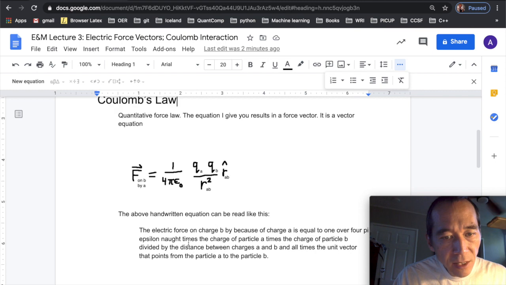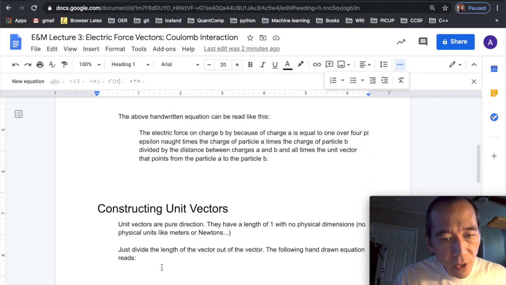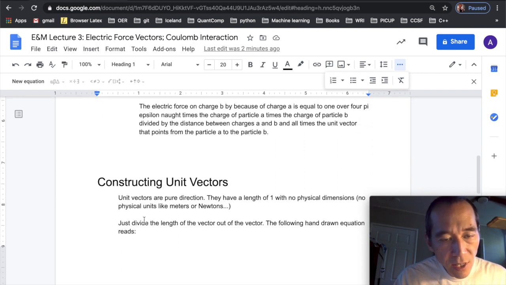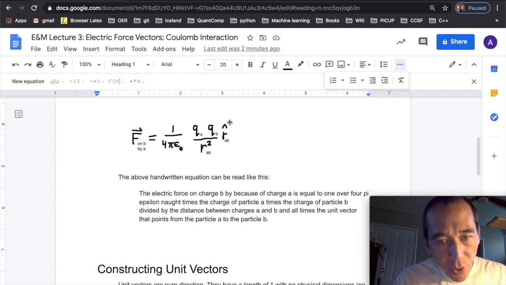The other big topic, besides Coulomb's law, is, like I said up here, a sub-objective that's required to be able to do the big objective. It's the idea of the unit vector and how to actually make one. That is, you're going to write down the appropriate unit vector expression such that you can put it right here in the formula.